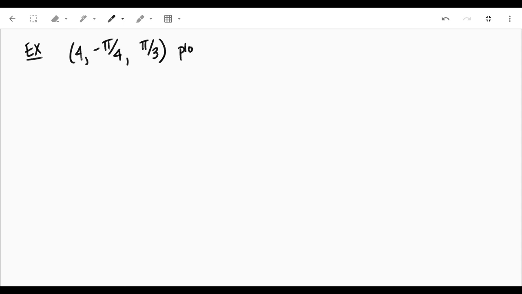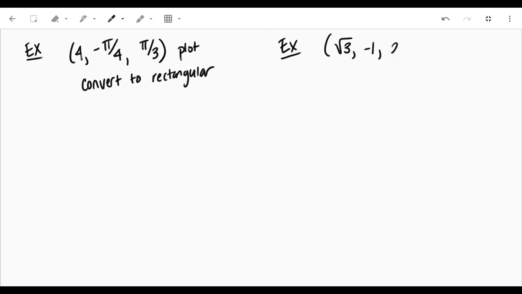So we're going to plot, and we're also going to convert to rectangular. And then we'll do another one where we have square root of 3, negative 1, 2 root 3. We're going to plot that and convert it from rectangular to spherical.